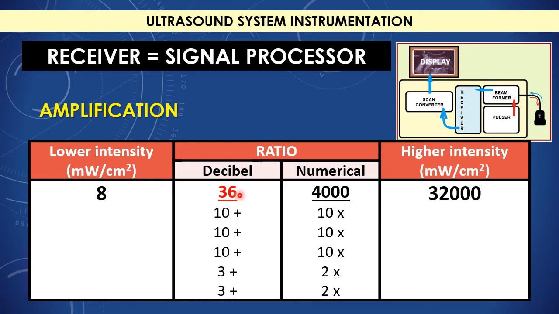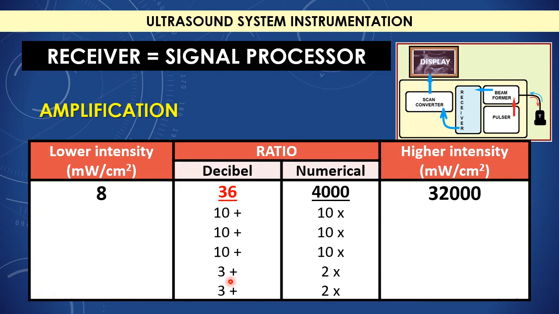What will be the real value later on? 36 decibels can be broken down to plus 10, plus 10, plus 10, plus 3, plus 3. So these are 30, and these are 6.